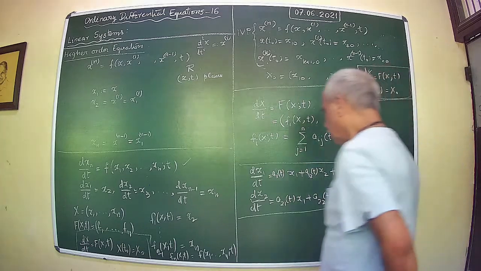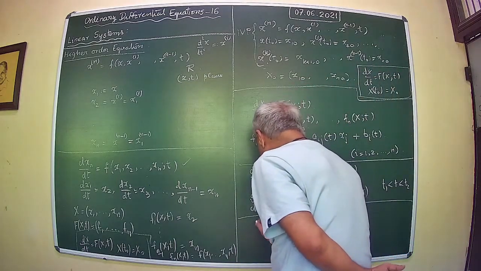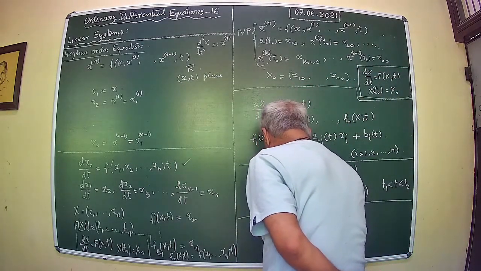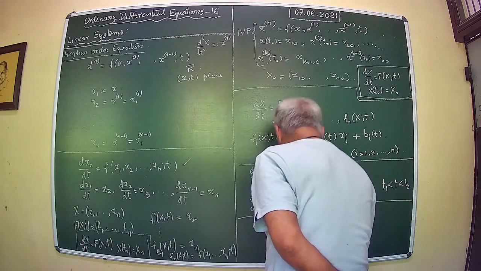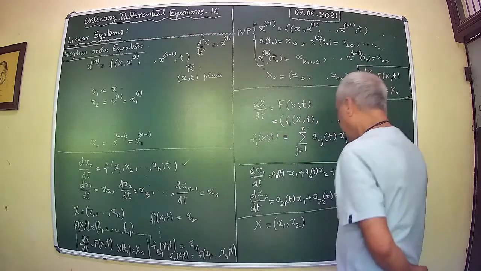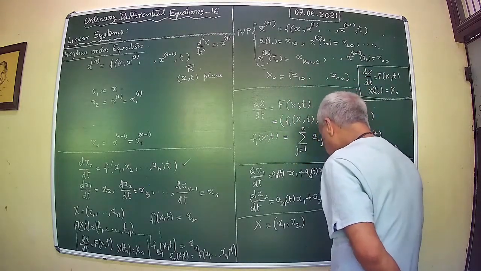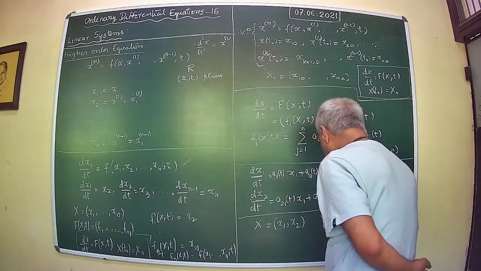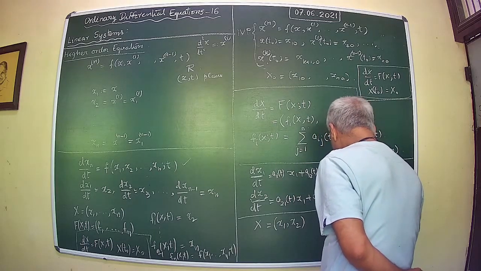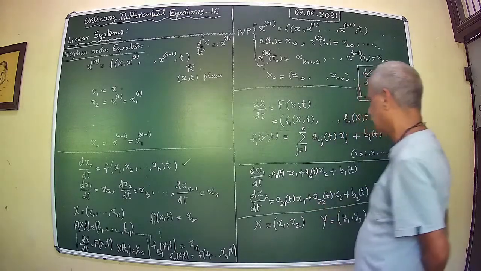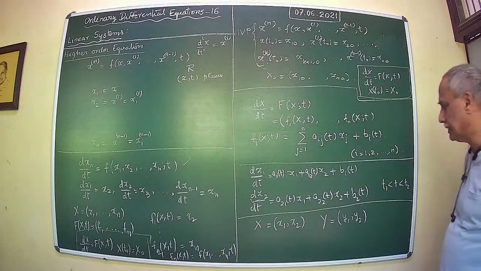Okay, so you take x to be x1, x2 and you take y to be y1, y2, that is x(t) and y(t).